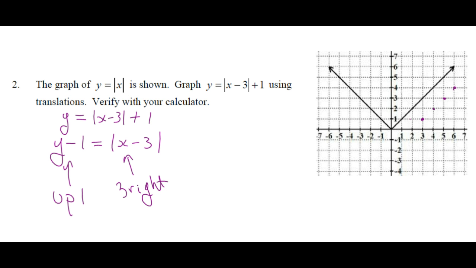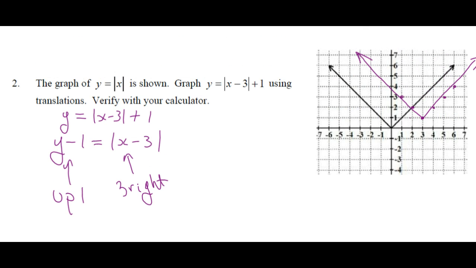But again, take this point, go up 1, 1, 2, 3. And this point, 1, 2, 3. Okay. And then you can graph. So there's your transformed, translated graph, right? Okay. And to verify with your calculator, you can do it if you like.